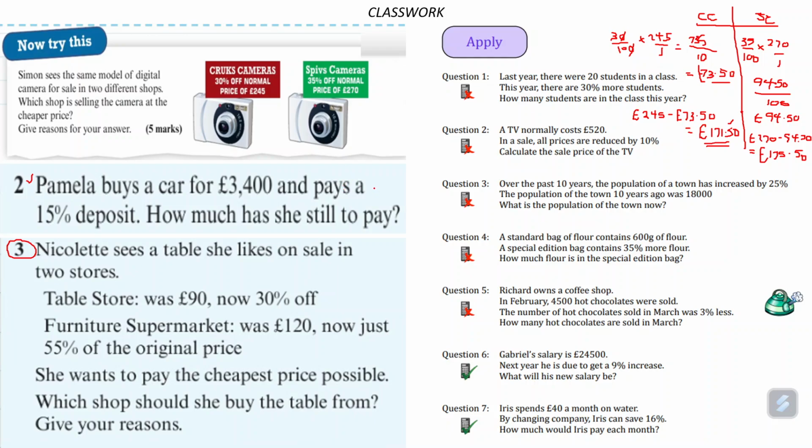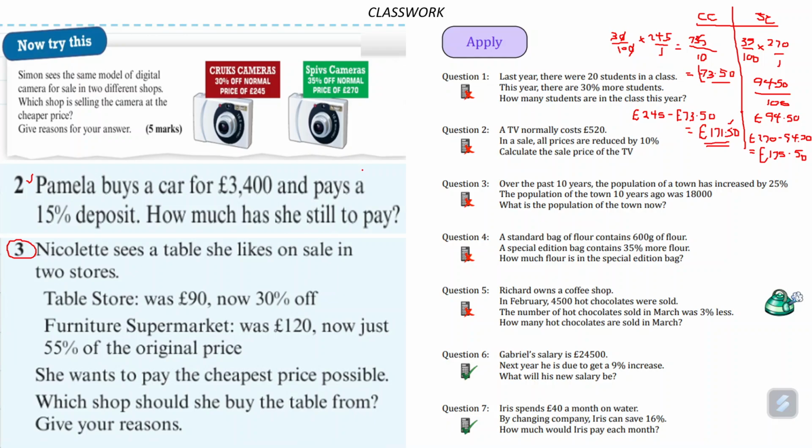Then the next question says, let's look at this question. It says Pamela buys a car for 3,400 and pays a 15% deposit. How much has she still to pay?